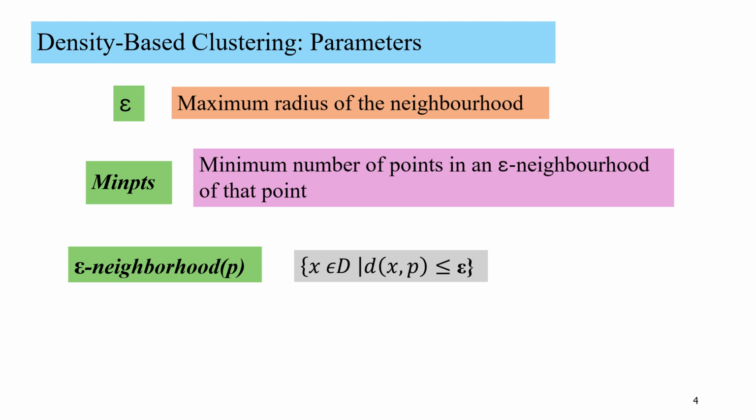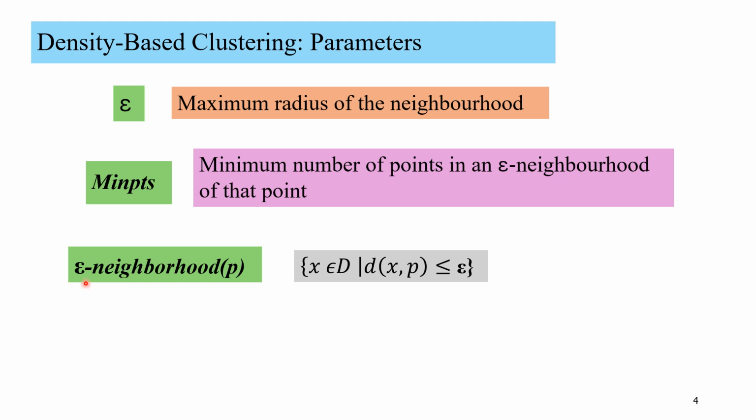So the parameters of density-based clustering are epsilon, the maximum radius of the neighborhood. We said we want to identify a neighborhood with a user specified parameter, and epsilon is that parameter. MinPts is the minimum number of points in an epsilon neighborhood of that point, to identify dense neighborhoods.